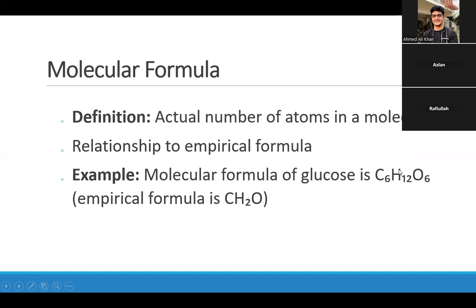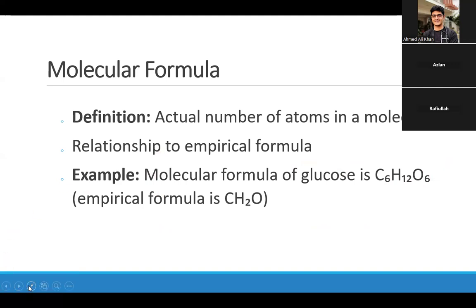Glucose has a molecular formula of C6H12O6. That means glucose has 6 carbon atoms, 12 hydrogen atoms, and 6 oxygen atoms in its molecule. This is the molecular formula.